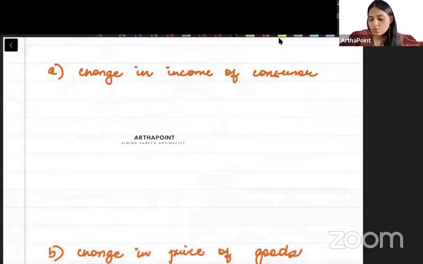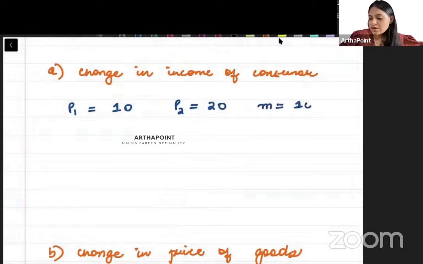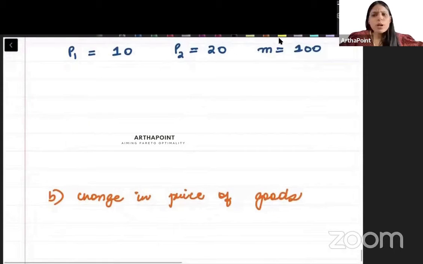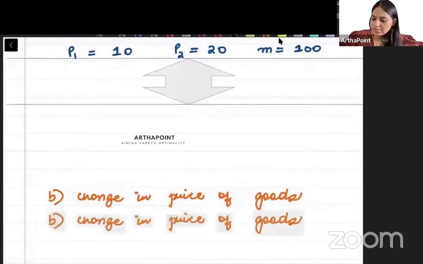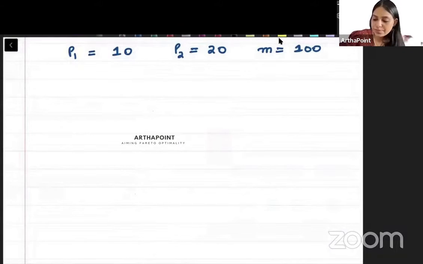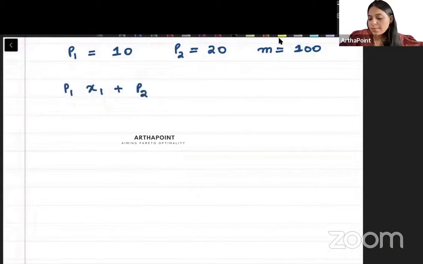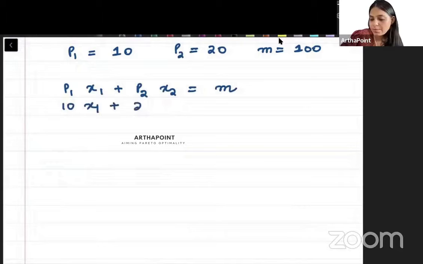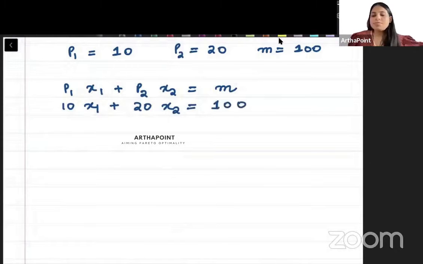Suppose, beta, I tell you price of good 1 is 10 rupees, price of good 2 is 20 rupees, income of consumer is 100. ठीक है बेटा, तो how will you plot the budget line? कैसे प्लॉट कर सकते हैं हम इस बजट लाइन को बच्चे? Very simple, we know equation of budget line is P1 x1 plus P2 x2 is equal to income. So this will give me 10 x1 plus 20 x2 is equal to 100.